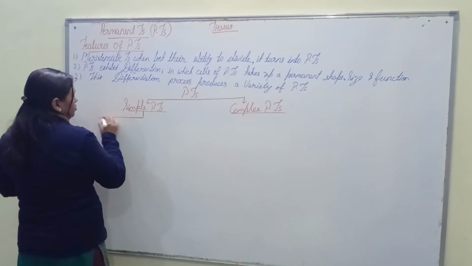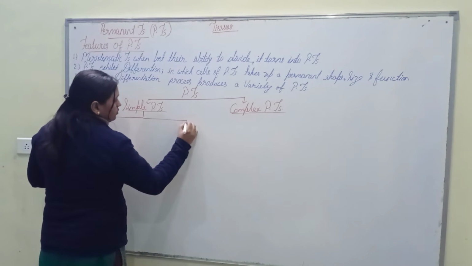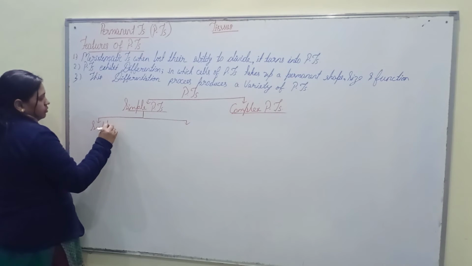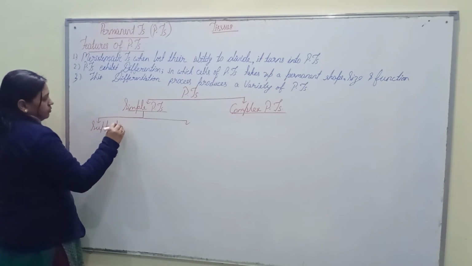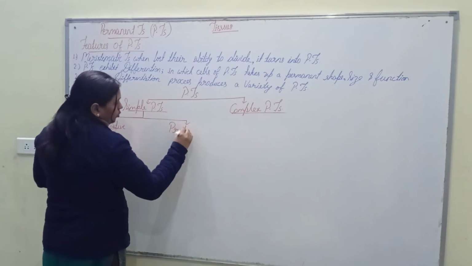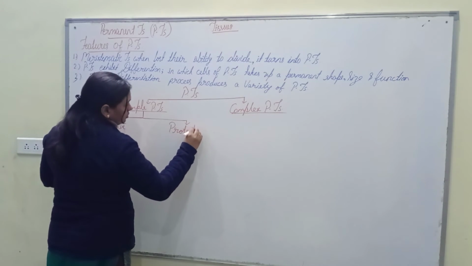Simple permanent tissue is again divided into two types. First is supportive permanent tissue, and the other one is protective permanent tissue.